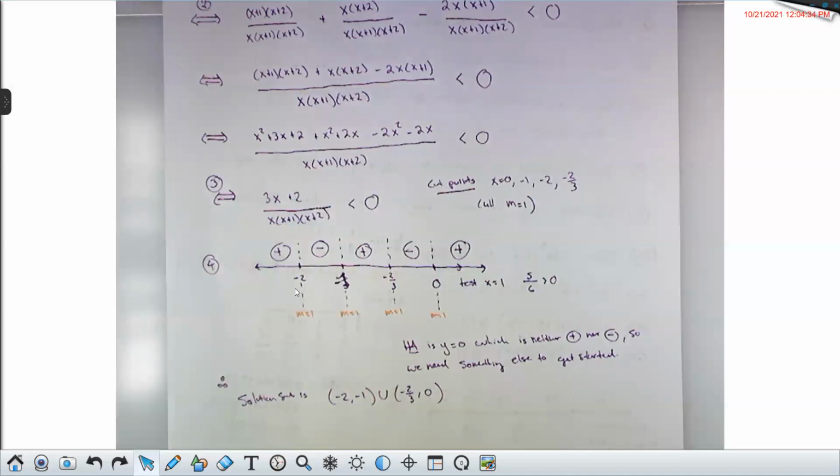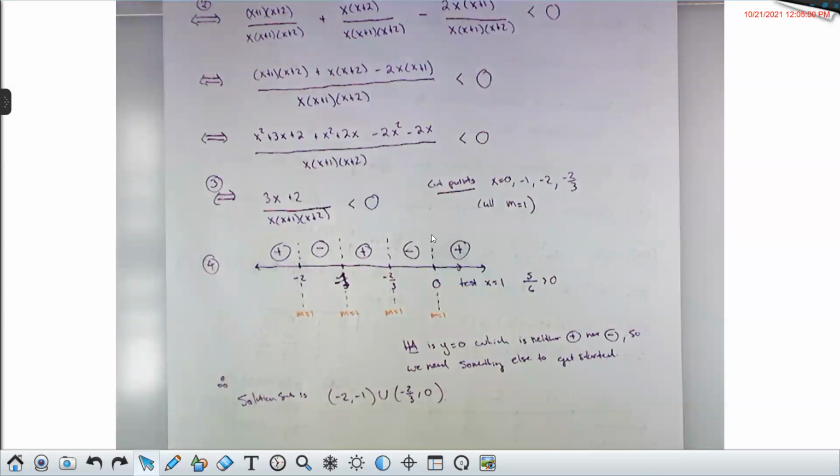Why aren't you including infinity in this one? Is it because both ends are positive? Well, the inequality is asking where this function is less than 0. So instead of looking for where this function is positive, I'm looking for where it is negative. The function is positive at both of these ends.